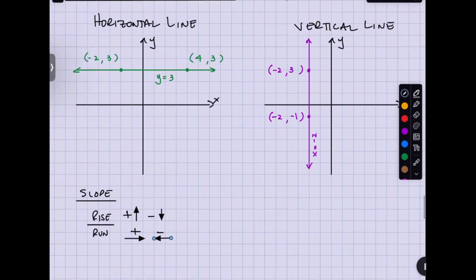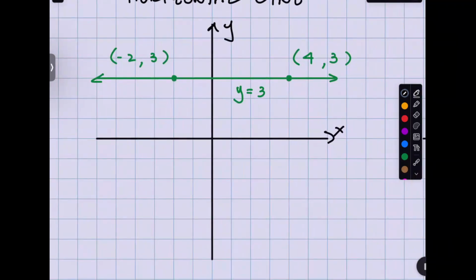So if I take this horizontal line here, let's move from point A to point B. Let's call this point A, this point B, and I got to move from one place to the other. From point A to point B, how did I rise? Did I rise any? No. So slope-wise, I rise 0.